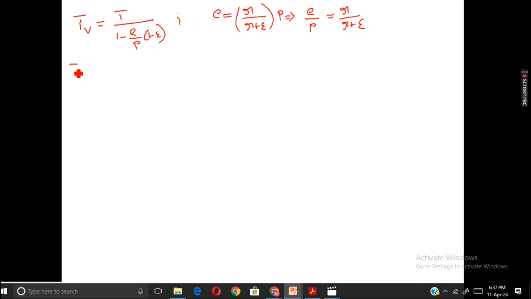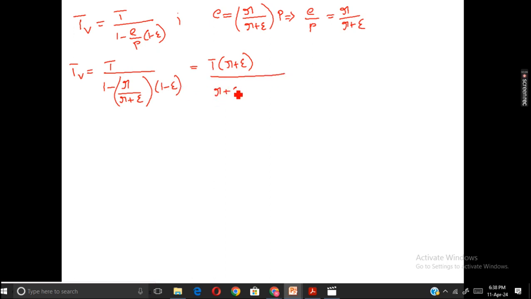Now we substitute: TV will become T by 1 minus R by R plus epsilon into 1 minus epsilon, which is equal to T into R plus epsilon by R plus epsilon minus R.